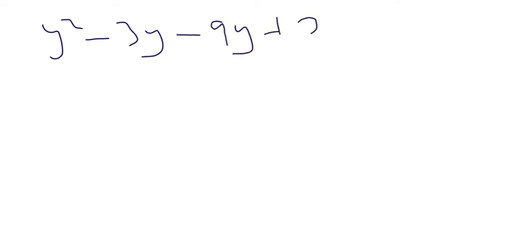Okay, so what we have is y squared minus 3y minus 9y, we substitute for 12y, plus 27 equals 0.